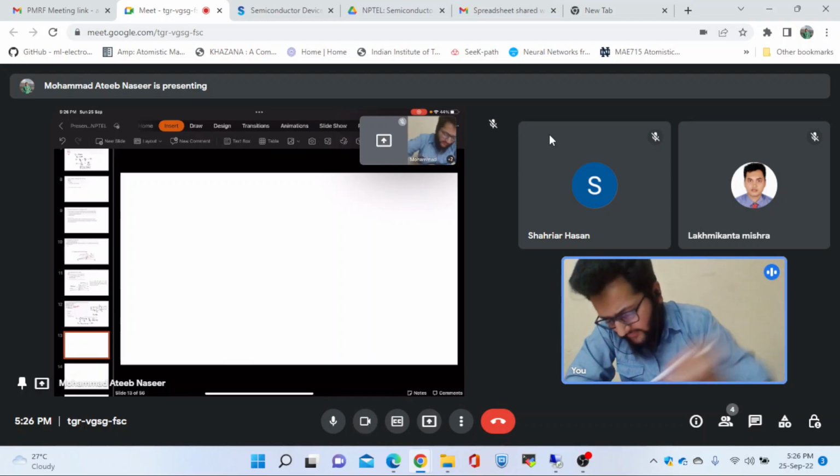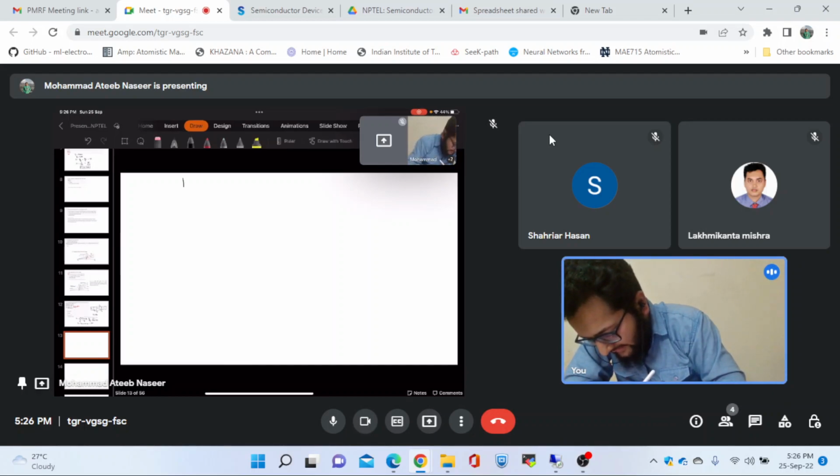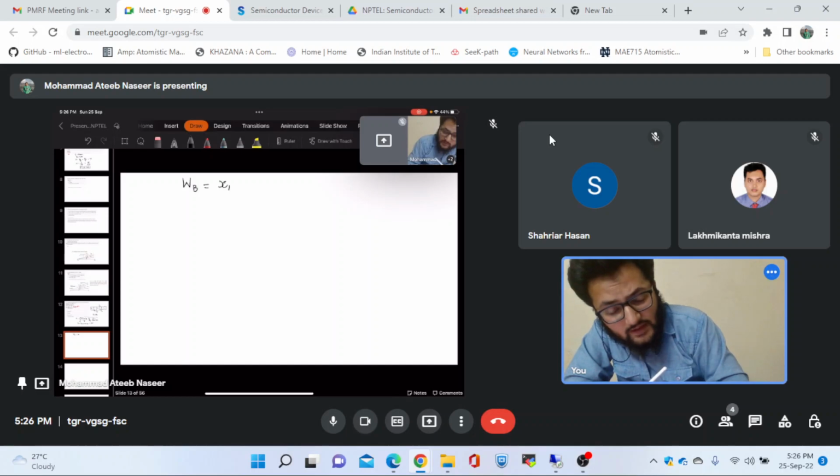So if I take this base now equal to the depletion width on this collector base junction side, this is what would have happened at the punch through.